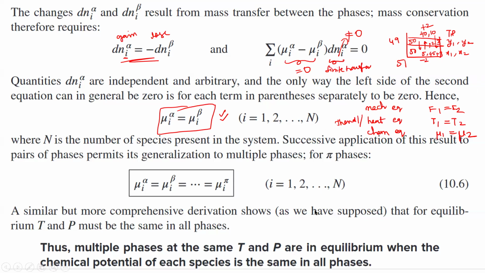Now, how is chemical potential defined as ∂nG/∂ni at constant P, T, and nj?